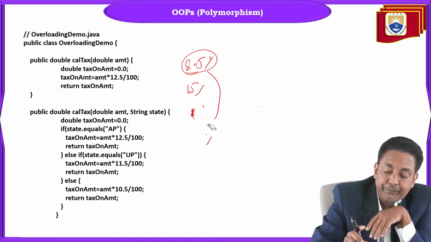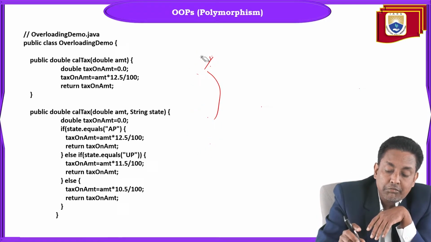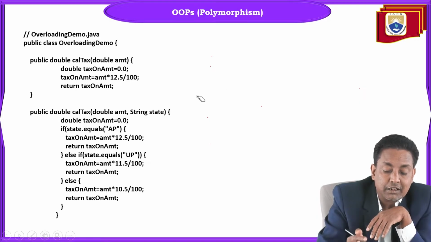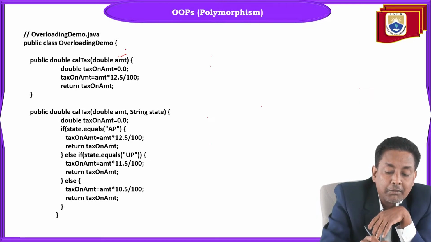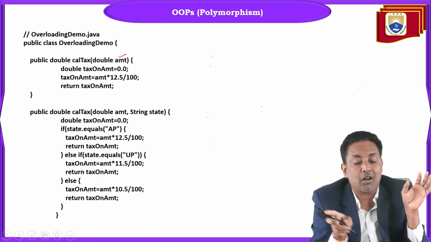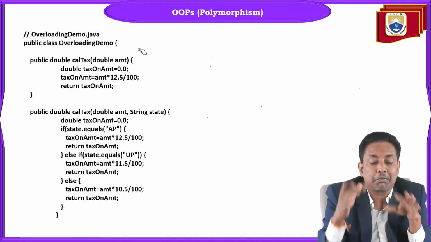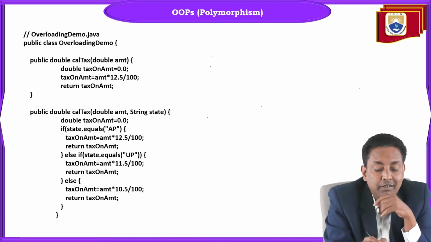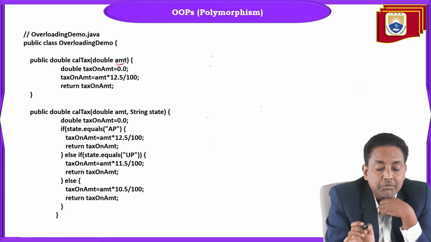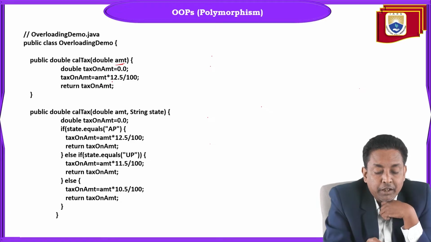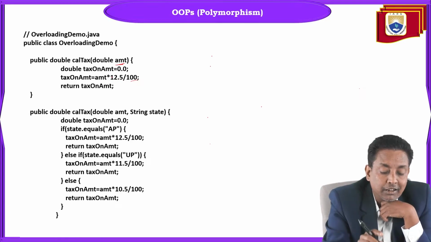The taxes vary. In the calculate tax method, if you pass any product amount, internally the tax is constant. For any product you purchase, the tax is constant: that product amount multiplied by 12.5 and divided by 100 gives the tax amount.